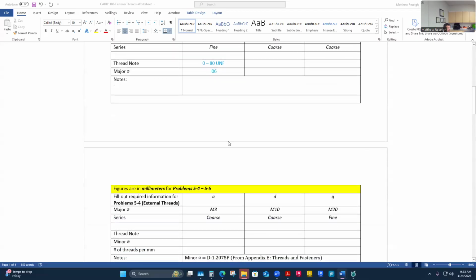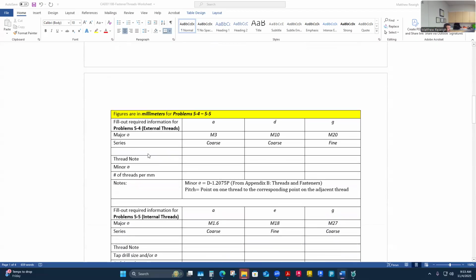With these metric ones, we're not given an explicit class of fit. So we could either invent it or just leave it off. But I'll talk through it. It's going to be built the same way. I'm going to need the metric sheet from Appendix B. I'm going to look at this as major diameter.